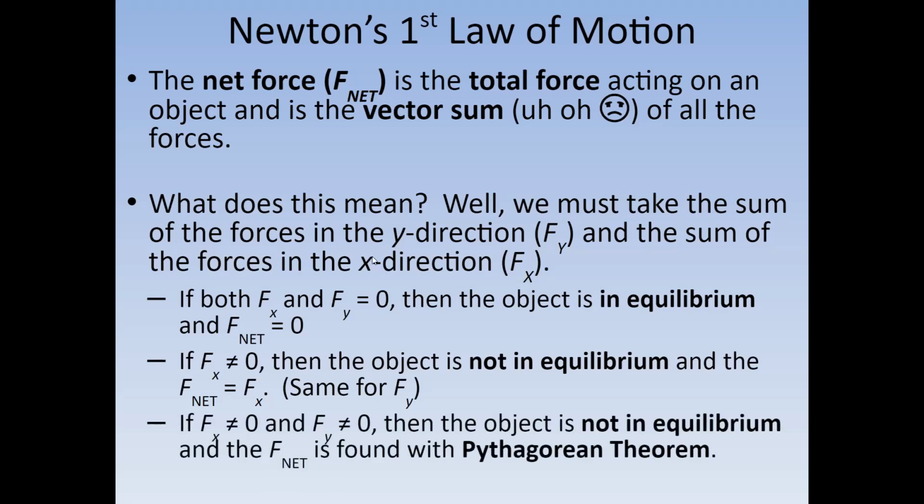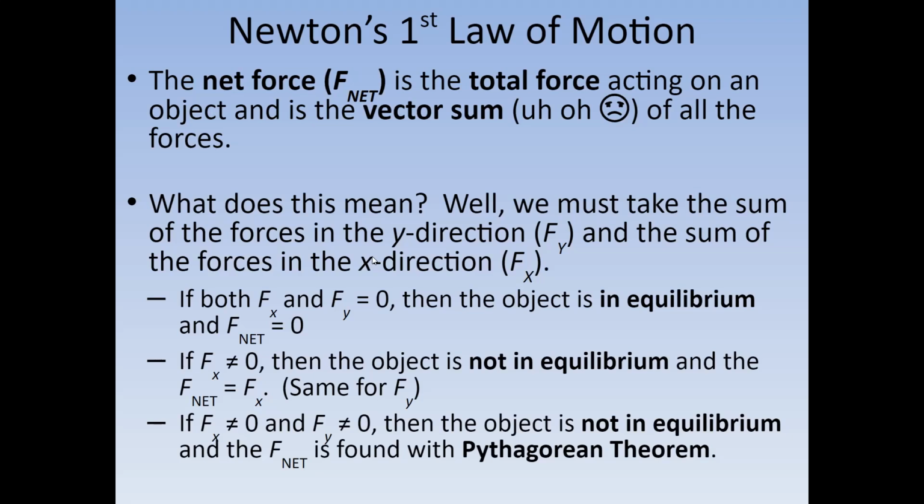If there's an unbalanced force in both x and y, then not only is it not in equilibrium, but in order to find the net force, we're going to have to use the Pythagorean theorem. The x and y act as the components for the net force. Honestly, that last one doesn't really come up too much. Typically, in the problems you're going to see, objects will have an unbalanced force in pretty much only one of the two directions.